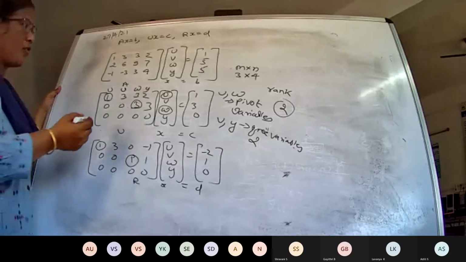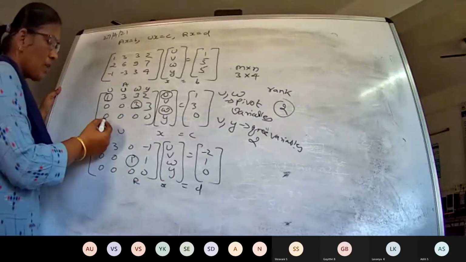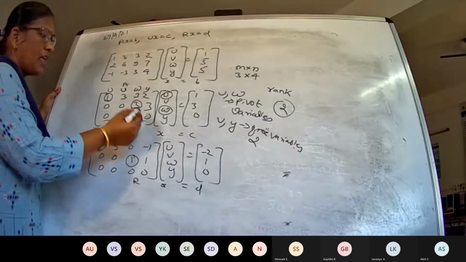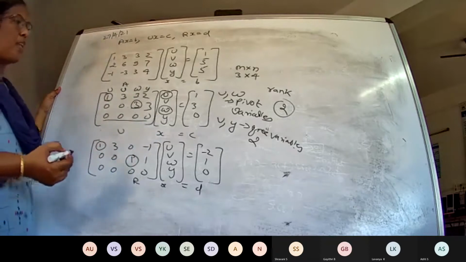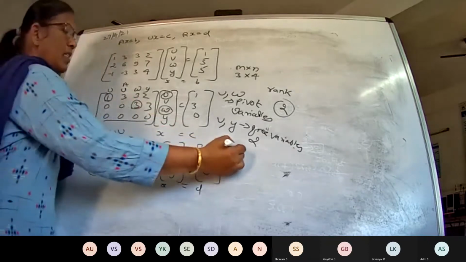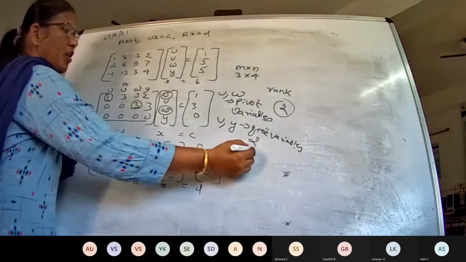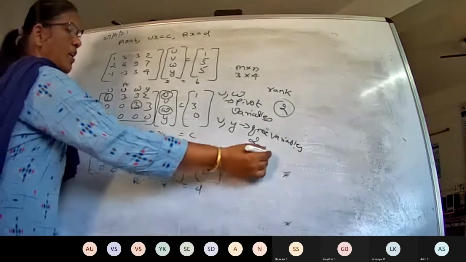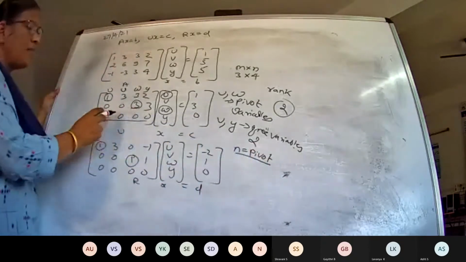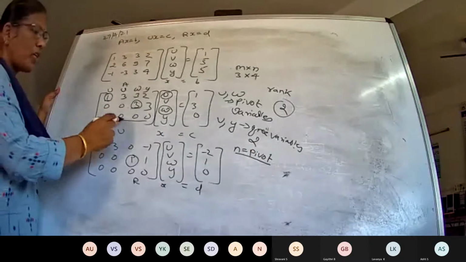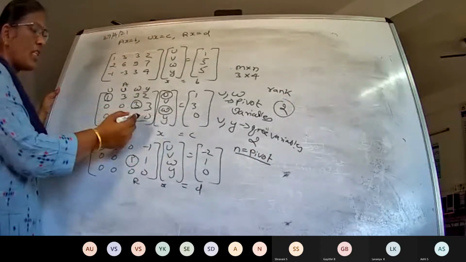One more concept I am telling you here is that if the number of pivot elements is equal to n, then you will not get any row that has all zeros.